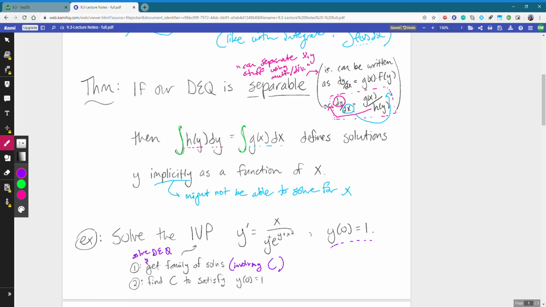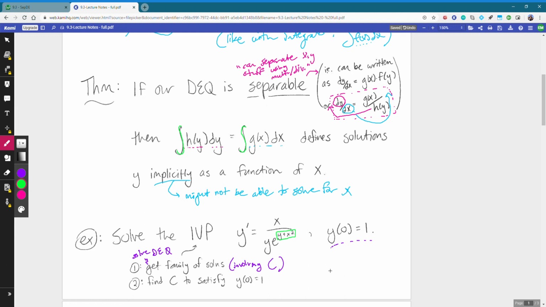And what I claim is that our differential equation here is separable, that we can separate out the x stuff and y stuff. Now, you might not believe me because, hey, we've got y stuff and x stuff all together inside this exponent, but here's the deal. We can separate it.